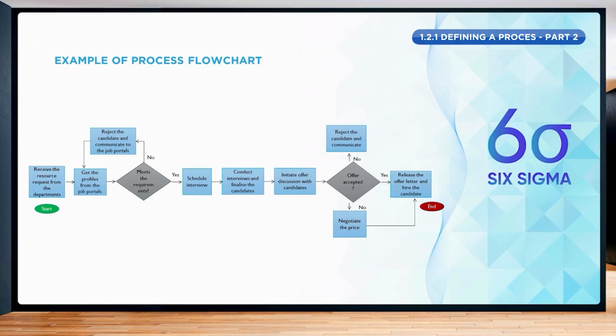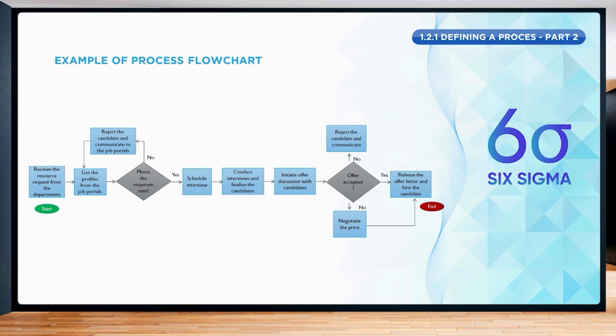This is an example of a process flow chart. As you can see, we have a particular sequence of tasks, activities, and decisions. And in some cases, when we have decision points represented by the diamond shape, we also have some rework loops.